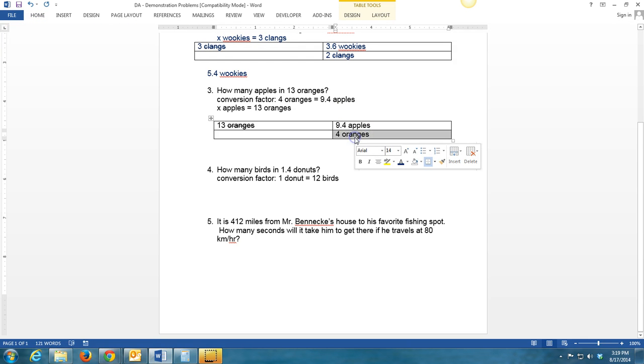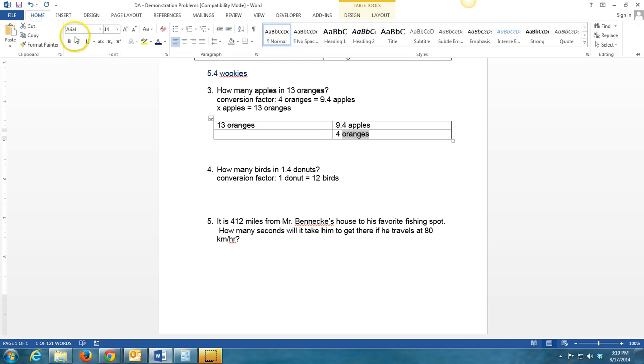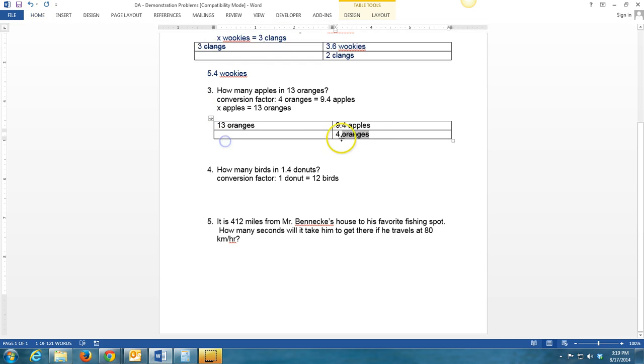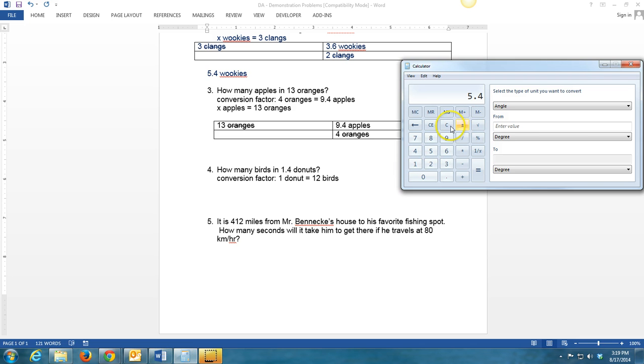Oops, just oranges, not the number. I'm left with the unit of apples, which is what I'm trying to find out up here, X apples. So I can bring in my calculator now, and to do my math, I have 13 times 9.4, and I divide that by 4.